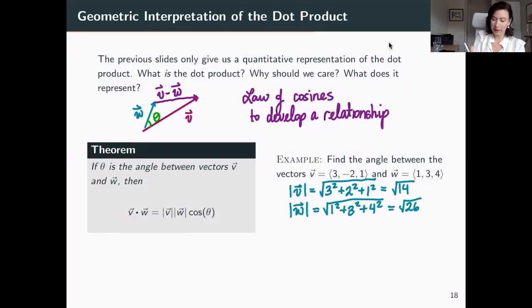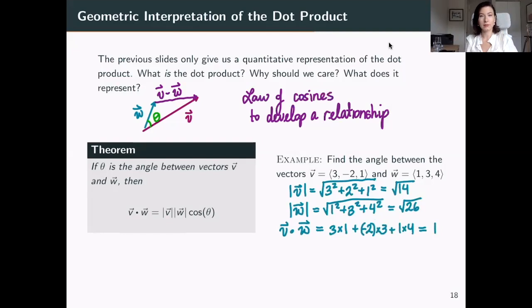Now, using the theorem, we know that v dot w, we have the definition of the dot product, and using the definition, we would have 3 times 1 plus negative 2 times 3 plus 1 times 4, and after some simplification, we would get that this would be equal to 1.